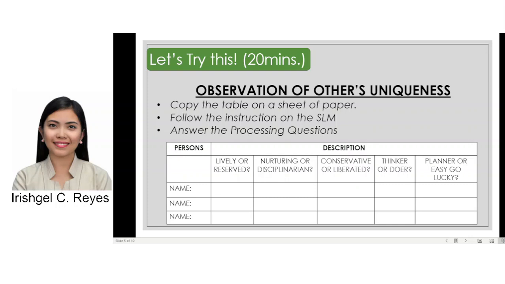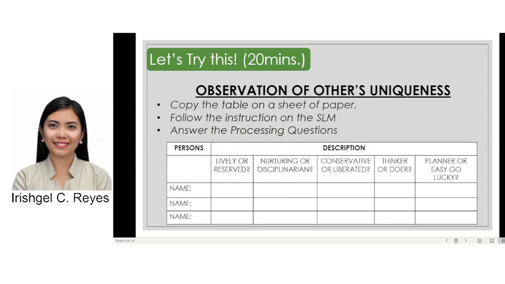The first instruction is, think of 3 different persons who are similar in a certain aspect that you would like to observe for this study. So you will be thinking of 3 persons and then you will just write their names in the column provided.